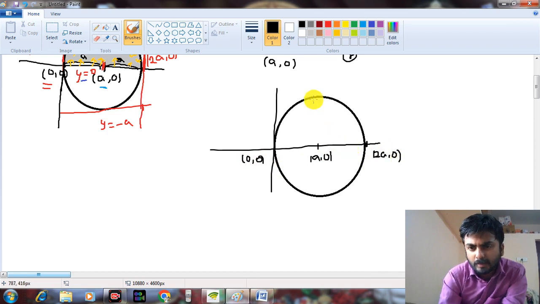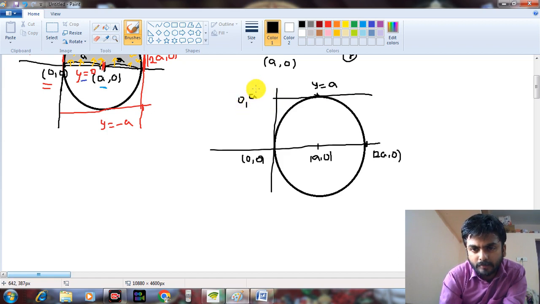This point is y equal to a, so the equation of this line is y equal to a.